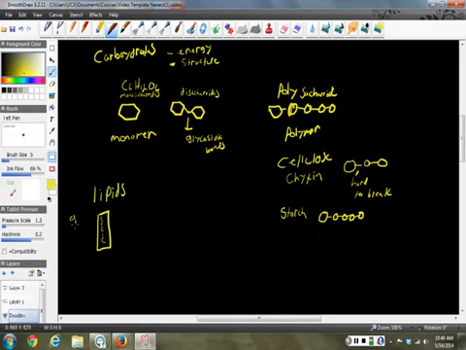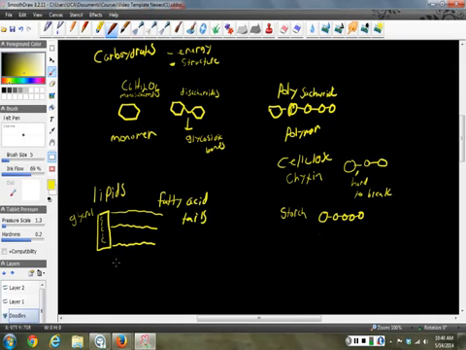This is a glycerol. And there's going to be 3 fatty acid tails stuck to that. So this is a fat molecule.